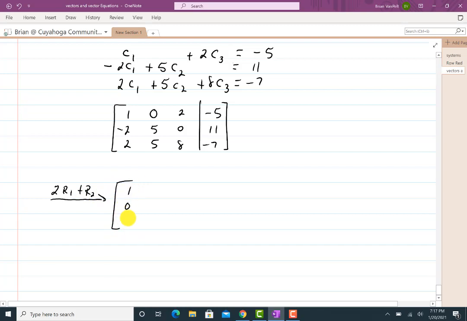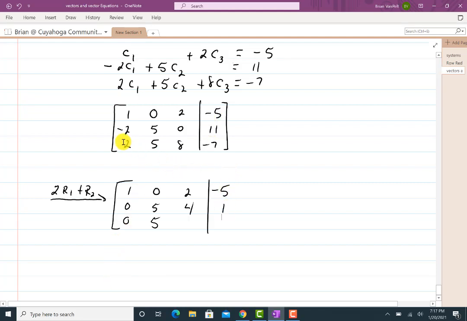Since I'm using R1 to add to things, it's unchanged. And now let's take a look at what happens. So 2 times 0 doesn't do anything. That's nice. Then 2 times 2 is 4, plus 0 is 4. And then 2 times negative 5 is negative 10, plus 11 is 1.